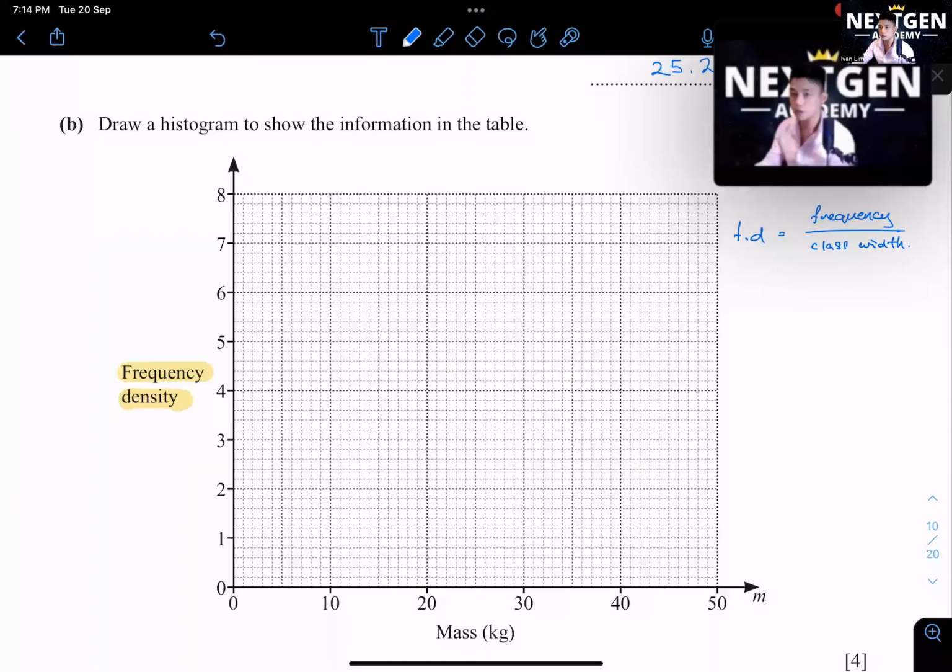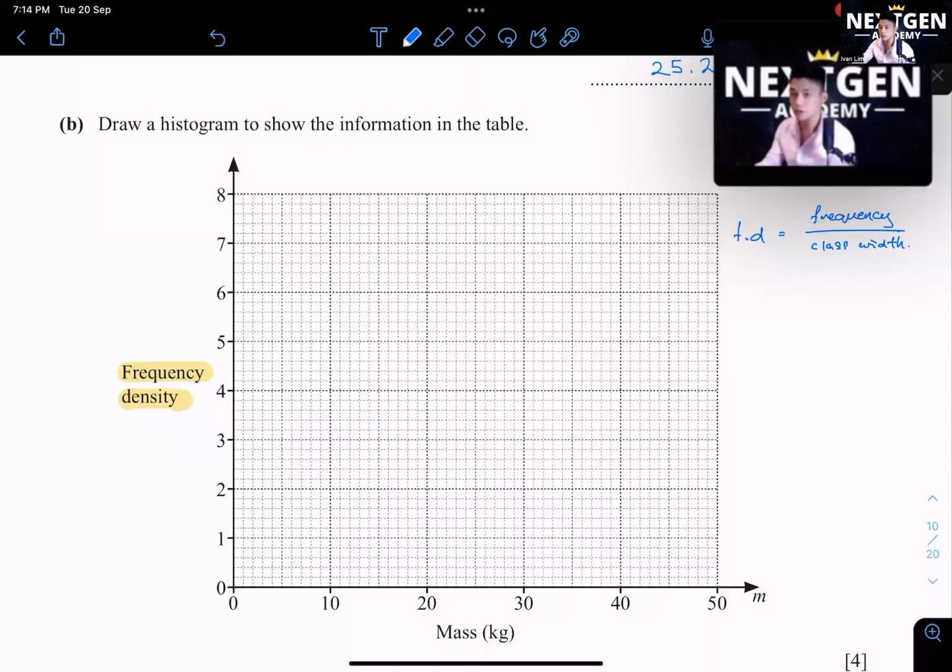Type in your calculator, you will get 1247. The answer scheme actually accepts from 1247 to 1254, so you don't really have to round it up, you can just leave it.